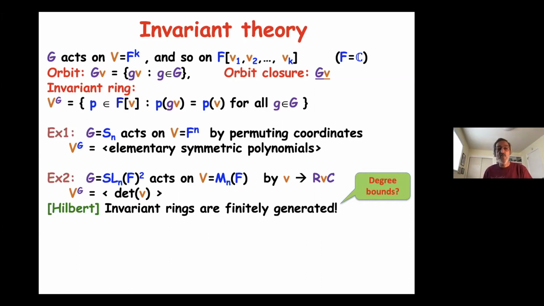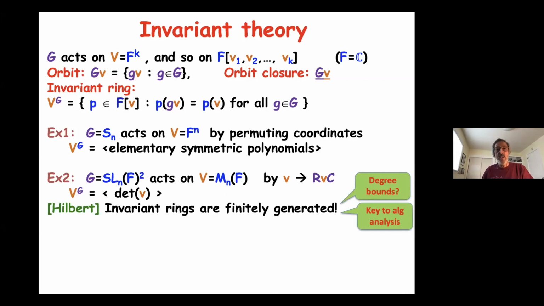Like in the previous two examples, we saw that degree n is enough. It turns out that for the analysis of the algorithm I showed you, it's absolutely fundamental that we know exponential bounds on the degrees of the invariant polynomials generating the invariant ring. So that's one important concept.